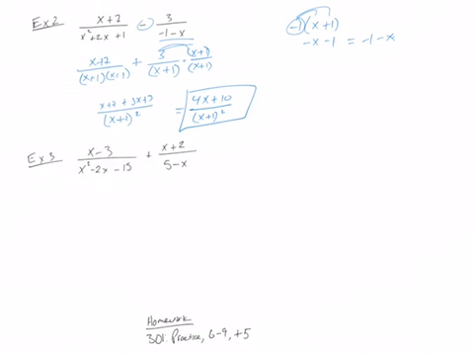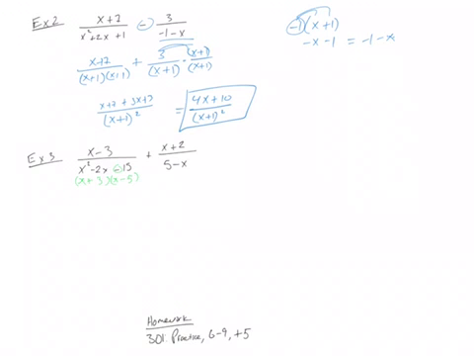Alright, let's do one more of these now for fun. Yes, I did just say that for fun. It's going to be an x and an x. Factors of 15 that subtract to give me 2 are 3 and 5. So I'm going to need a negative 5 and a plus 3.